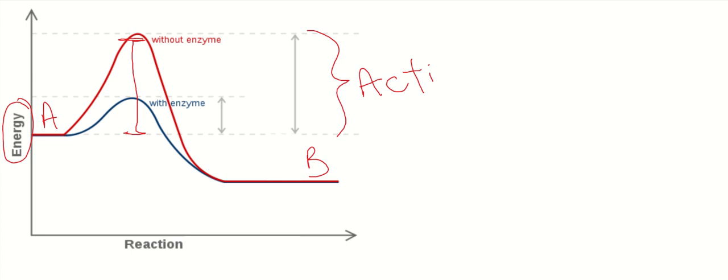This graph is so important. When you have your reactants, chemical A turning into chemical B, in order for that to happen, that reaction needs a certain amount of energy. This amount of energy is called the activation energy. I just wrote this at least twice.